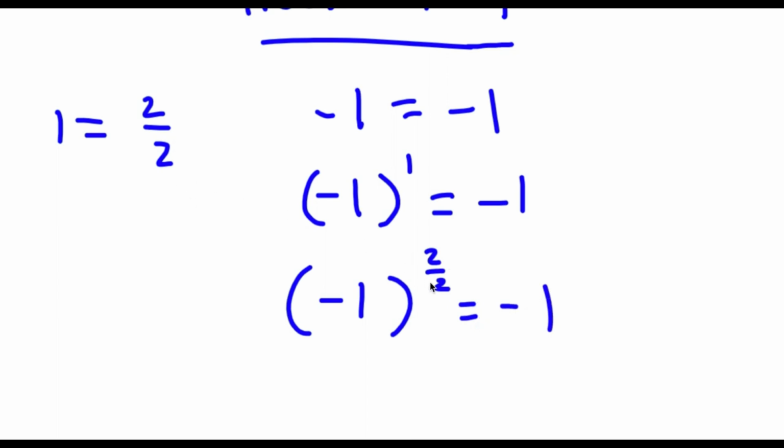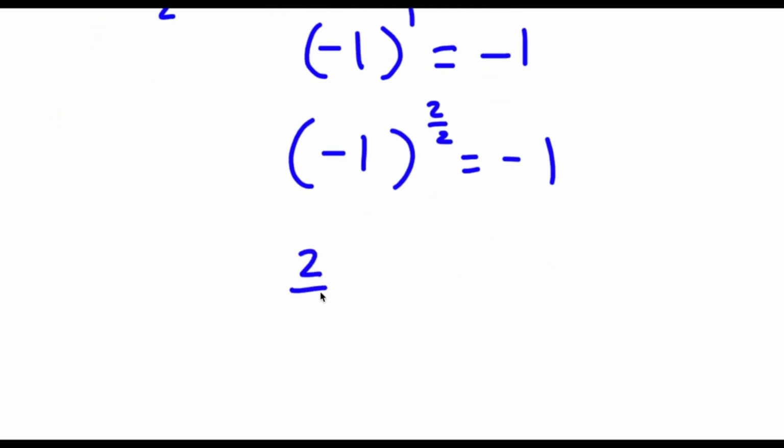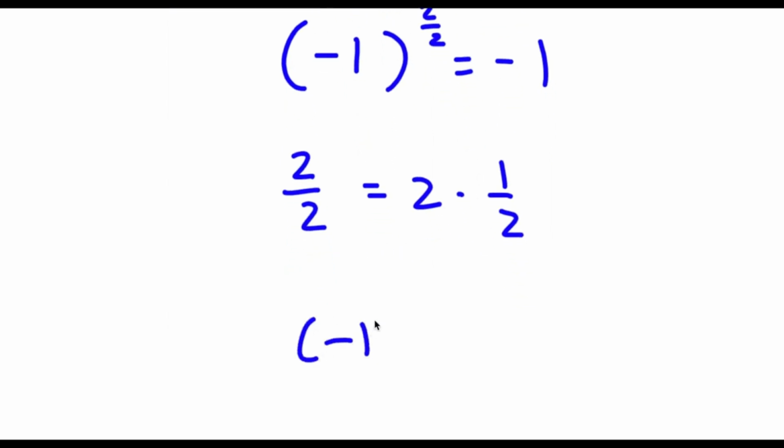And 2 over 2, again, it's 1, so it's the same thing as negative 1 to the power of 1. Now, 2 over 2, this is the same thing as 2 times 1/2. So now, if I replace 2 over 2 with 2 times 1/2, I get negative 1 to the power of 2 times 1/2 is equal to negative 1.